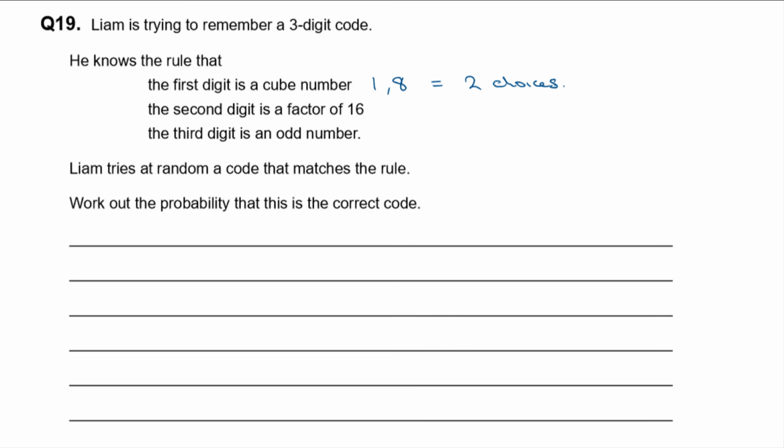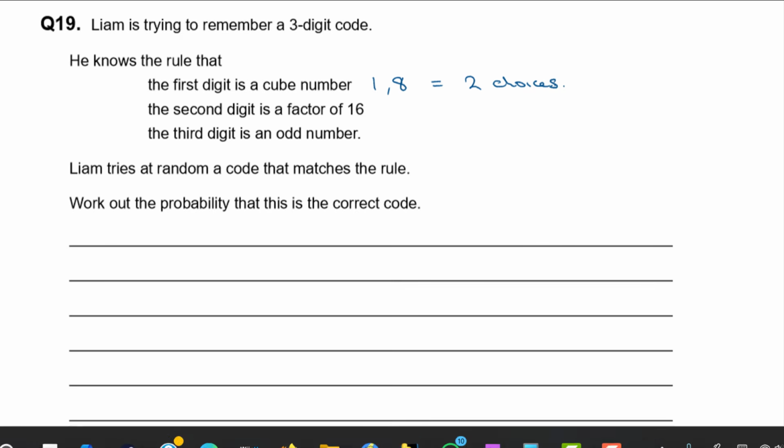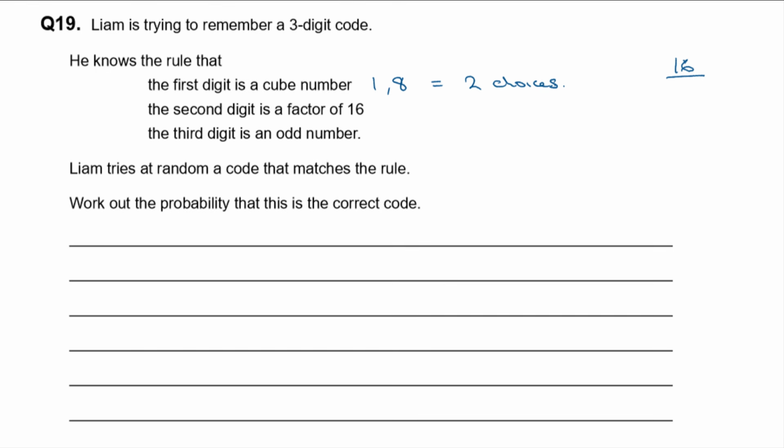The second digit is a factor of 16. What are the factors of 16? Got 1 and 16, 2 and 8, 3 and 4, and that's it. So that's 5 different factors, but only 3 of those are 1 digit, aren't they?